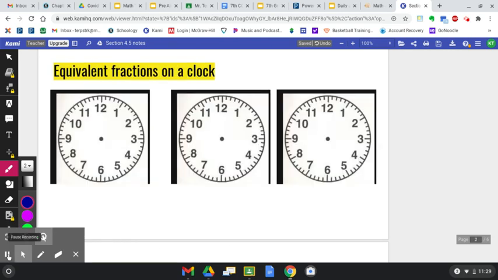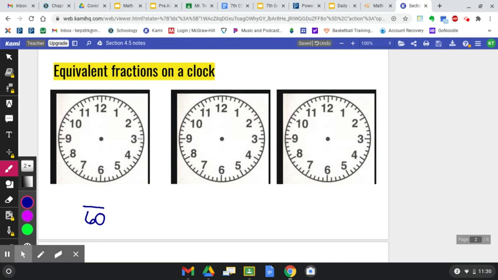All right, so let's look at equivalent fractions on a clock, just so we can see what simplest form would be. For example, if I divide the clock into minutes, it would be divided into 60 equal sections.